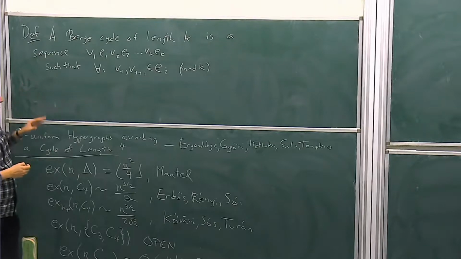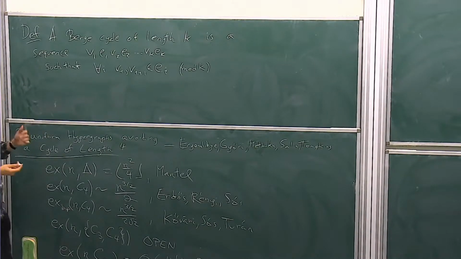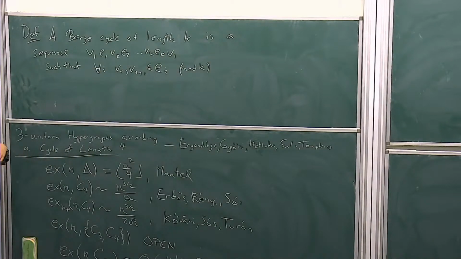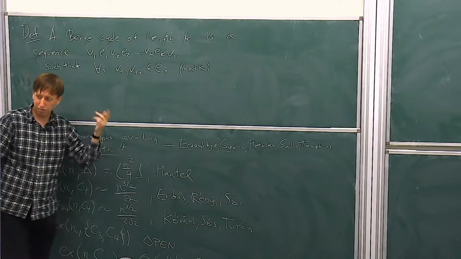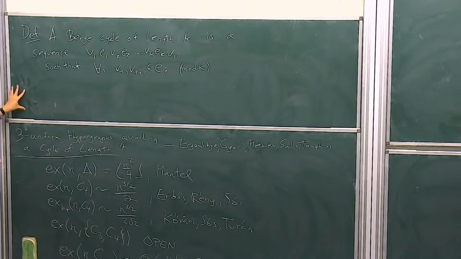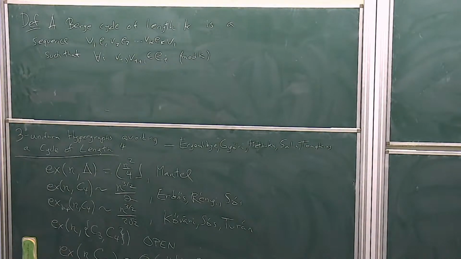We could write it this way, just to denote that it wraps around. It's conventional to denote a cycle this way, and maybe a path we denote without the vertex at the end. In a sense, this is kind of the weakest definition of a cycle.